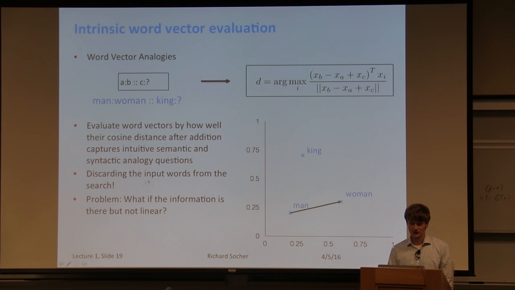And we should note here that in all these evaluations, the other input words, as in man, woman, and king, are usually discarded, because otherwise they would often come up as the best answer. And I want you to think critically about this. This is one way. It's very popular.